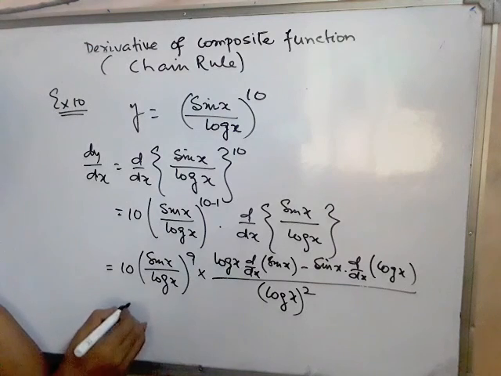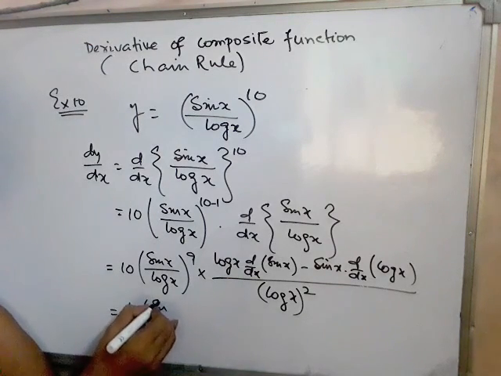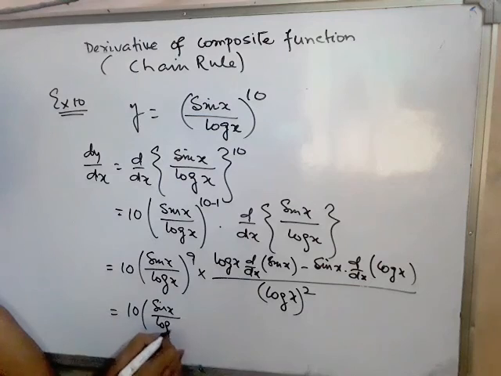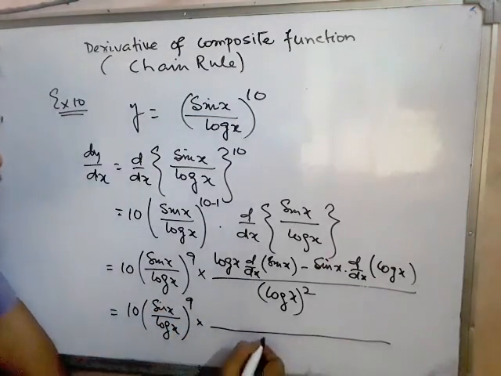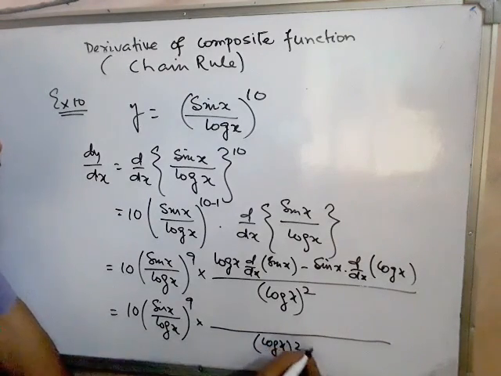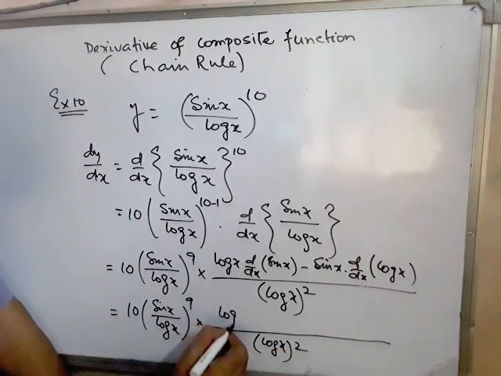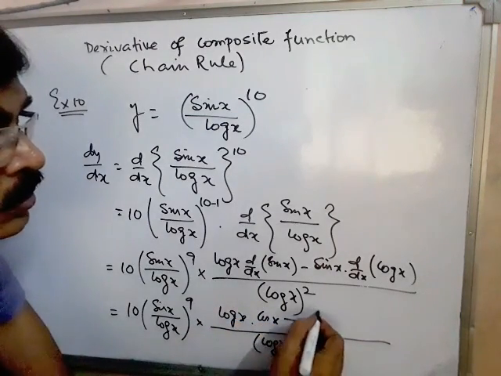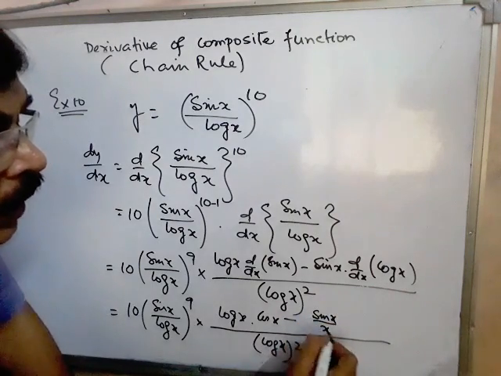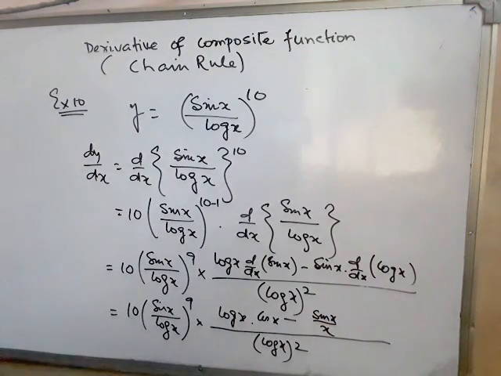So therefore we will get 10 (sin x by log x) whole to the power 9 into (log x into cos x minus sin x by x) by (log x) whole square. So here we can simplify further. We can do LCM in the numerator and after that we can write the final answer.